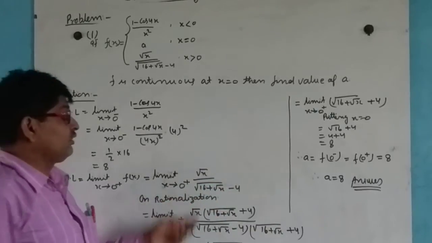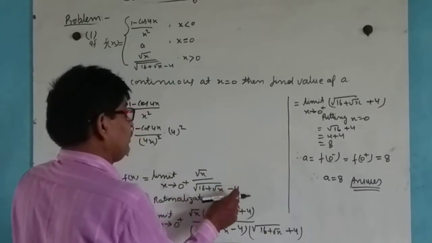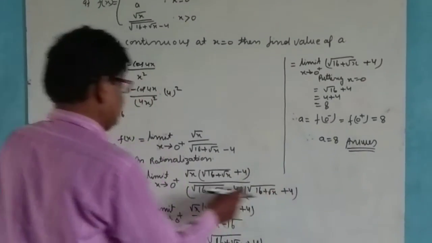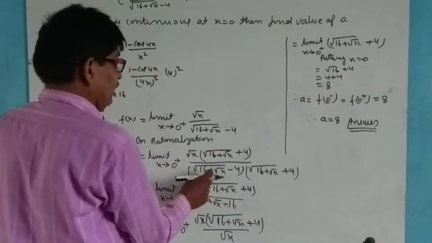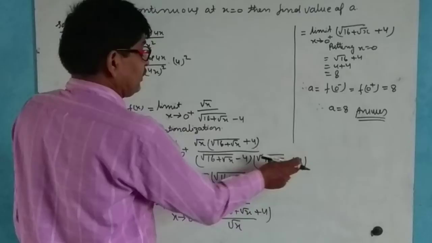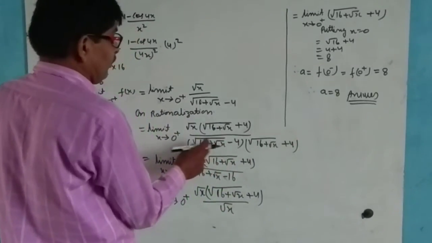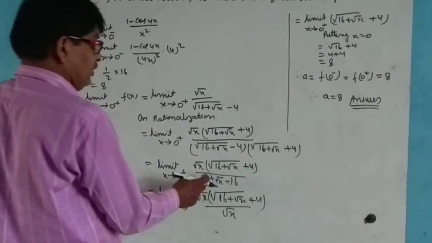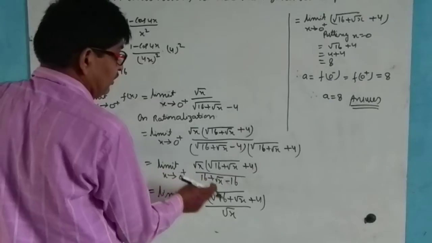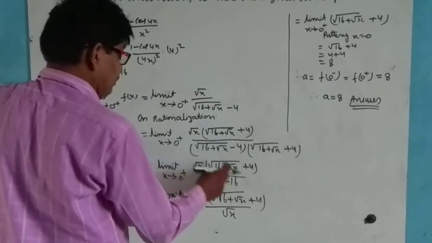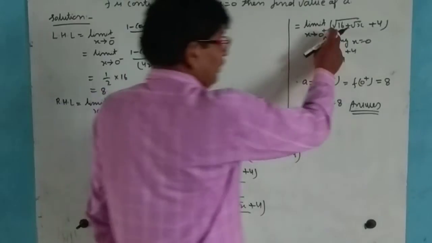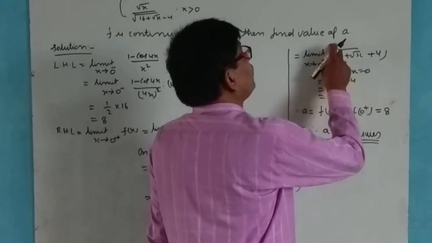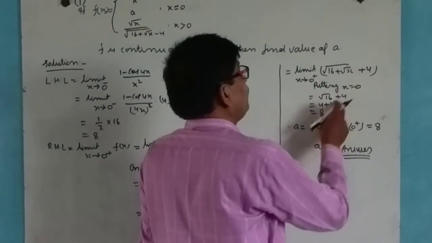On rationalization, here it is minus, so we take the positive and multiply and divide by it. This gives a minus b and a plus b, a squared minus b squared, only 16 plus √x minus 4 squared, that is 16. The 16 cancels, and this also cancels, so only these terms remain. Putting x equal to 0, under root 16 is 4, and 4 plus 4 is 8.